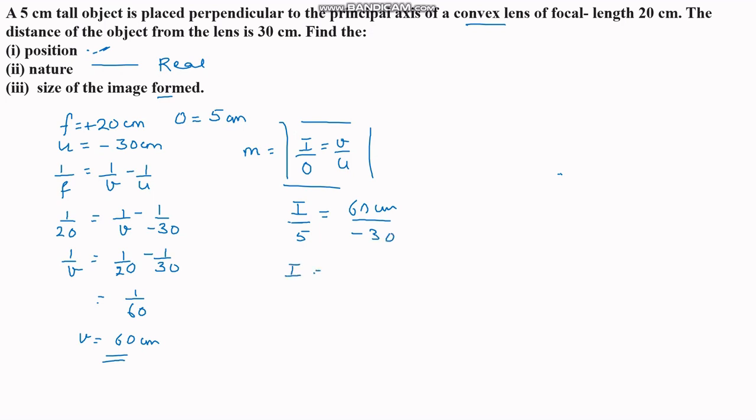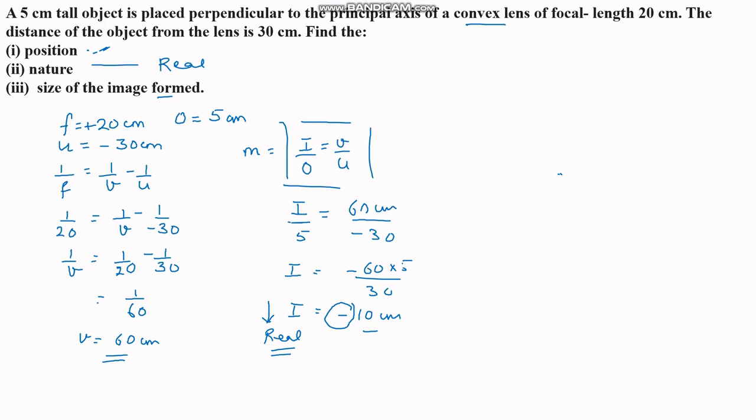So that means I will be equal to minus 60 into 5 upon 30, which is coming out to be minus 10 centimeter. So again, the size of the image is 10 centimeter, and this negative sign is again showing that the image formed will be inverted. So it is going to be real, because only real images are formed inverted.